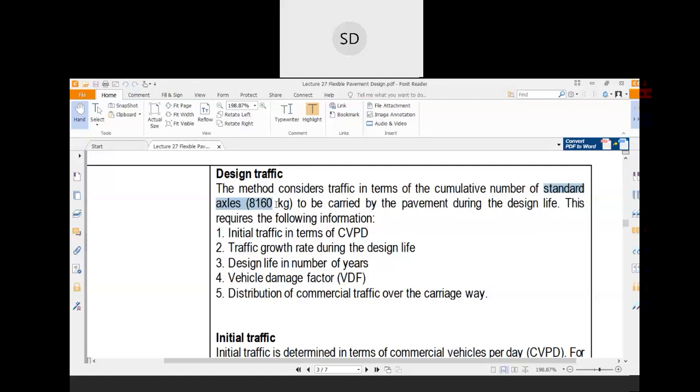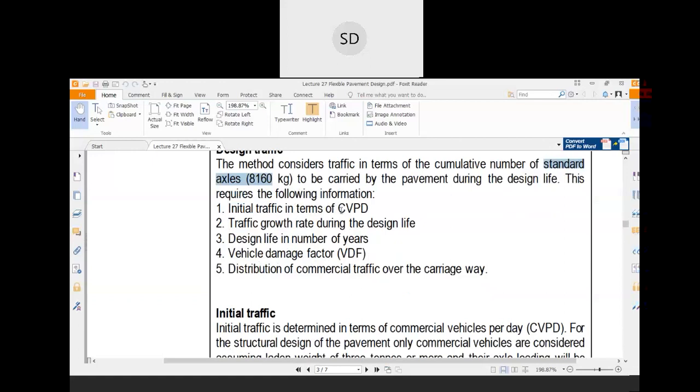So whatever load repetition we observe over the surface, we will convert this into cumulative number of standard axles considering our standard value as 8160 kg. Now for this we need some information. So what is this information?